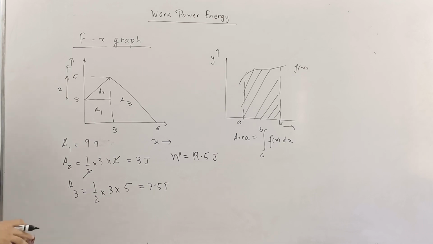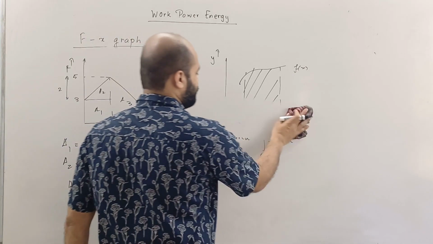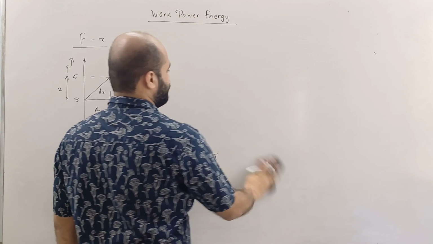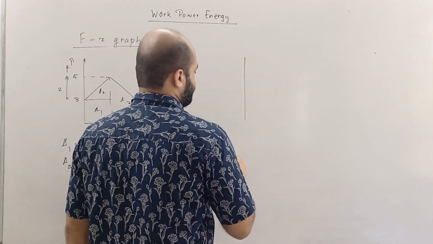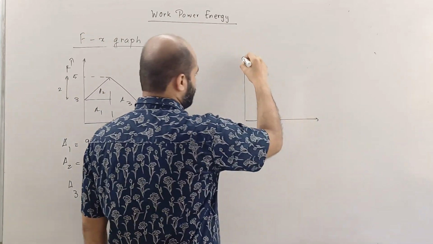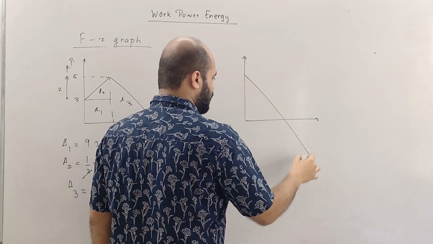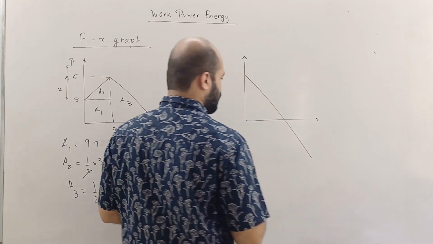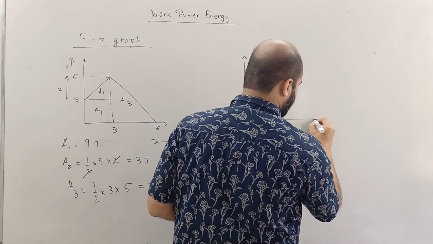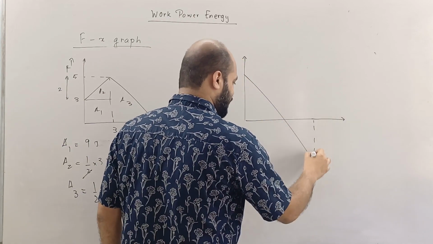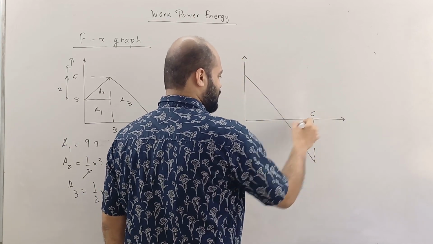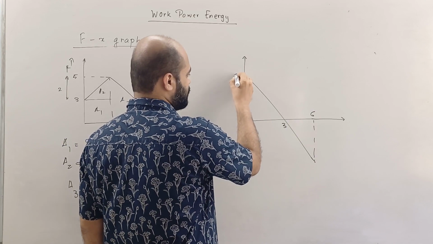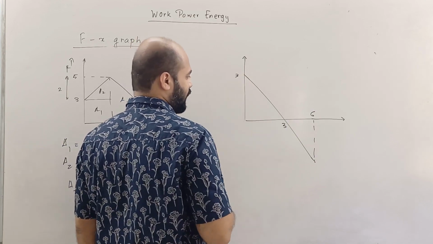Let's take another question to understand this better. This time around, let me take a graph which is going below the x-axis also, and this data shows that this is 6, this is 3 and this is 3.